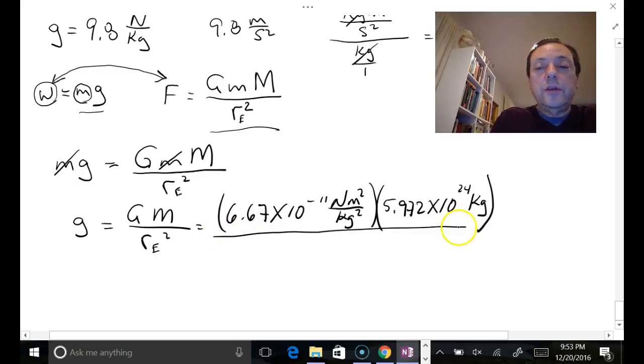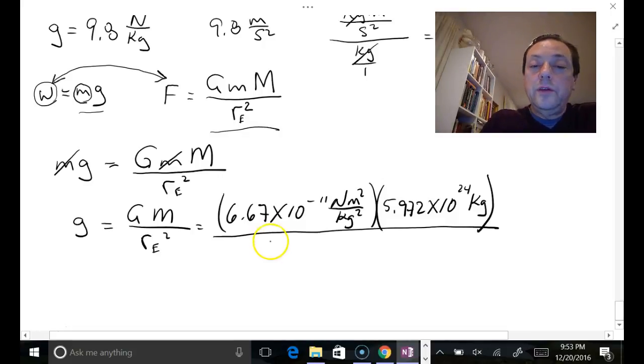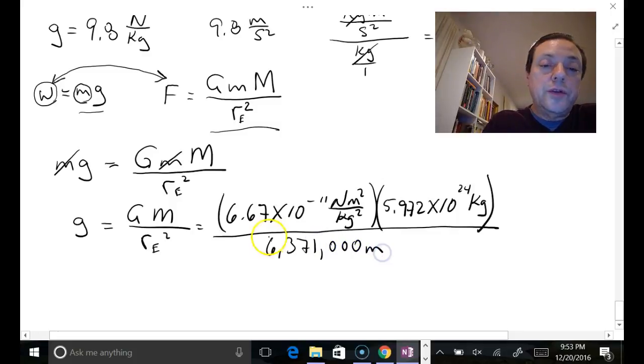That is quite the size. And the radius is actually 6,371 kilometers. Since there's 1,000 meters in a kilometer, that's actually 6,371,000 meters, and of course that's squared.